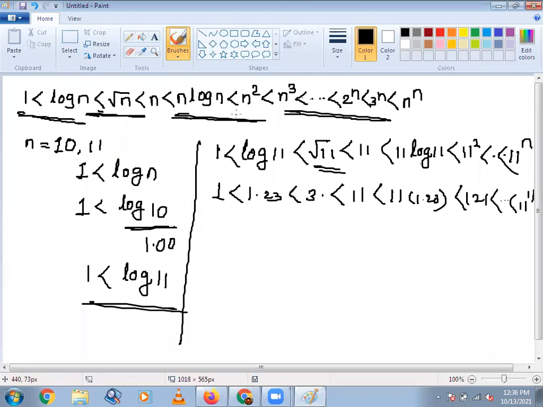Okay. If you are taking values greater than 11, then this equation satisfies for all points of this equation. Are you getting? Okay, understood?